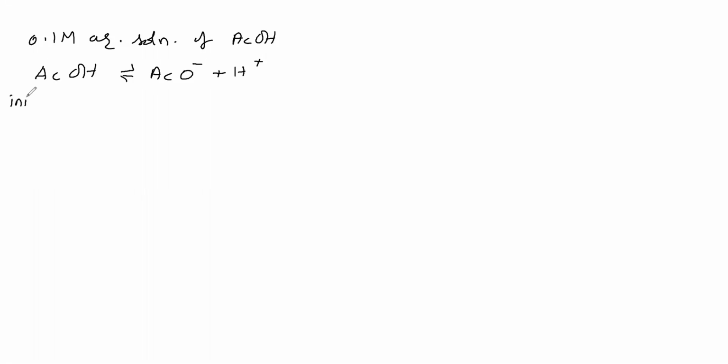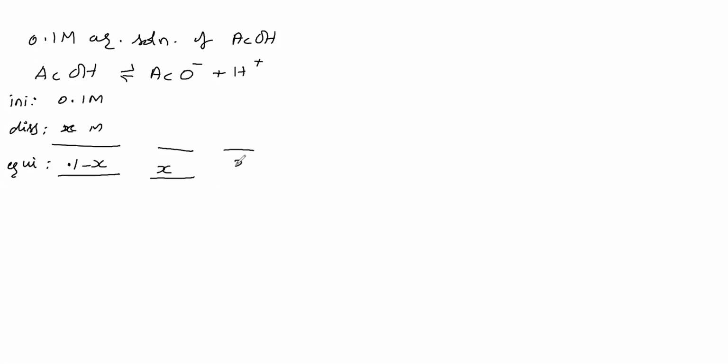Initial concentration of acetic acid is 0.1 molar. X molar dissociates, so at equilibrium 0.1 minus X is present. Acetate ion produced is X molar, and H plus produced is X molar.